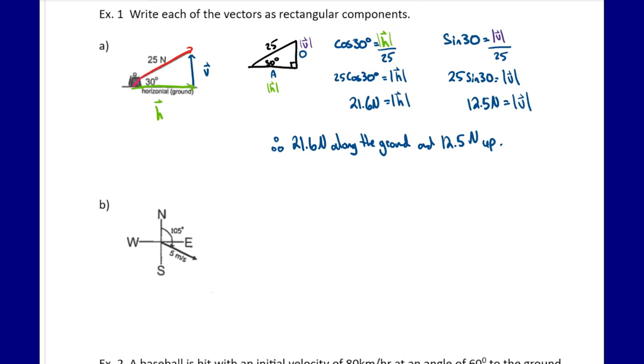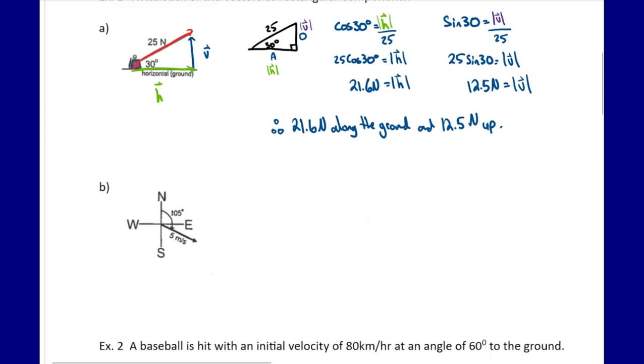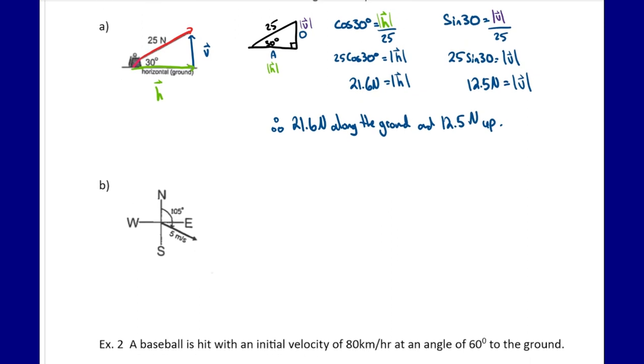For the next one, same idea. We're looking for the different components. Here we have our angle downwards, or our vector is heading down. We need to break this up into our rectangular components, so horizontal and vertical. Now there's two ways that you could do this one.